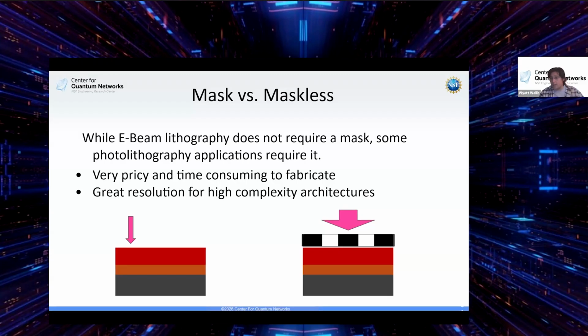Most of the time, the idea is that you have some sort of opaque material that will stop the UV. That's what I have in the black bars there in that layer. And then you have some sort of transparent material, maybe SiO2 or something like that, that allows the UV to go through and illuminate the pattern. That is compared to maskless, like I have here, that thin pink arrow.